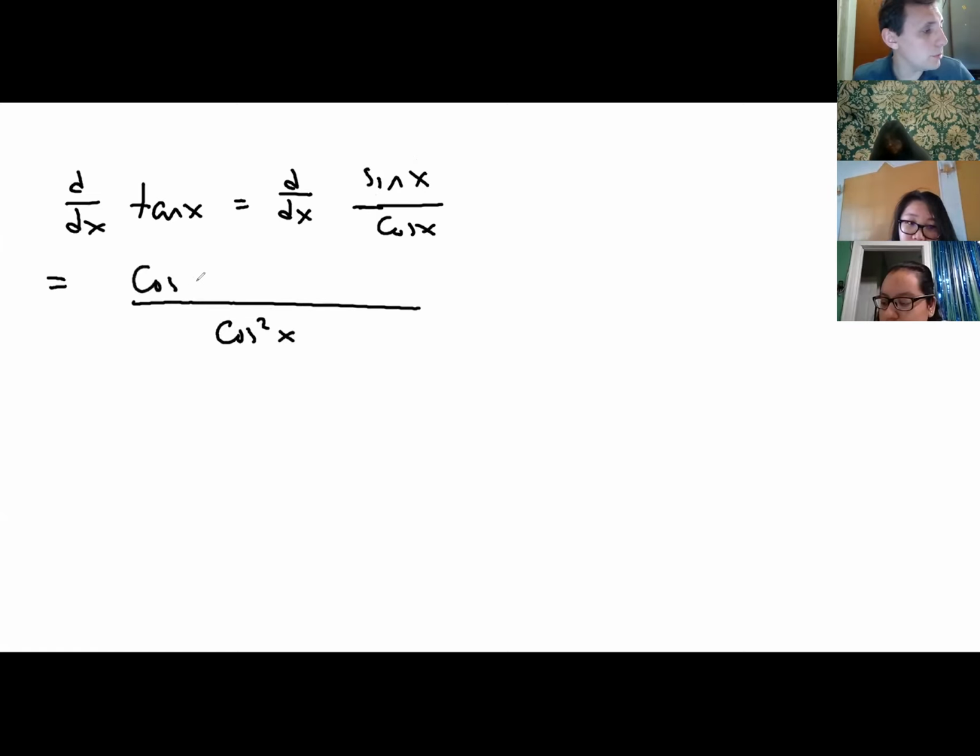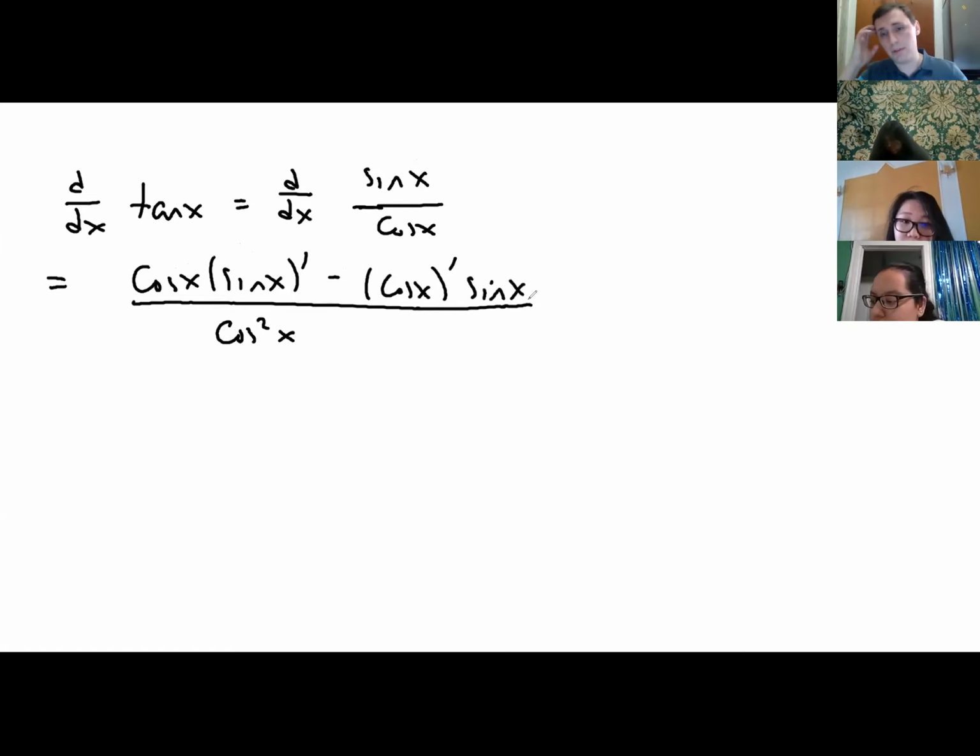We copy the denominator and multiply by the derivative of sine. And then subtract. And here we take the derivative of cosine times sine. You understand how you can remember the quotient rule? Square the denominator, copy the denominator, derivative of the numerator, minus reverse.